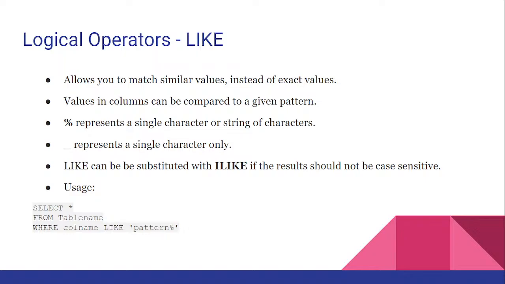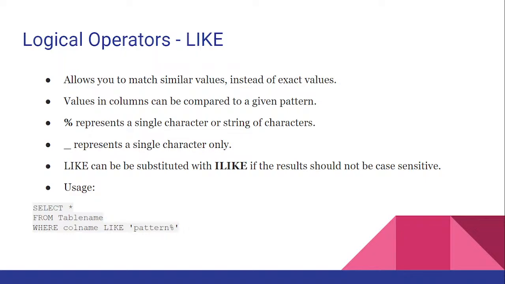I don't know what it is, but if it is following this pattern, like if I say J and a percent, what it will mean is everything that starts with J and has something after it would be taken. So percent just represents a placeholder. It acts as a placeholder for anything, and anything that matches a pattern like this will be printed or filtered out.